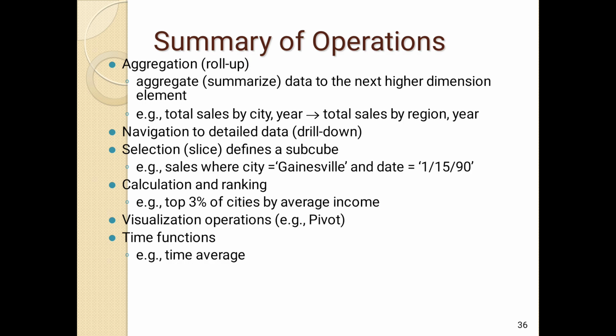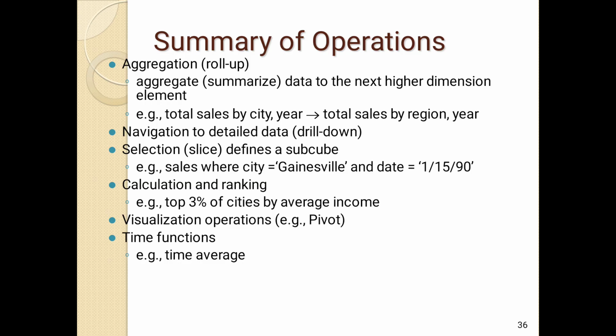So what is slice? It extracts a subset of data from the cube by fixing a value of one of the dimensions. Dice defines a subcube by fixing a set of values. Next, pivot. It rotates the data cube to view different perspectives.